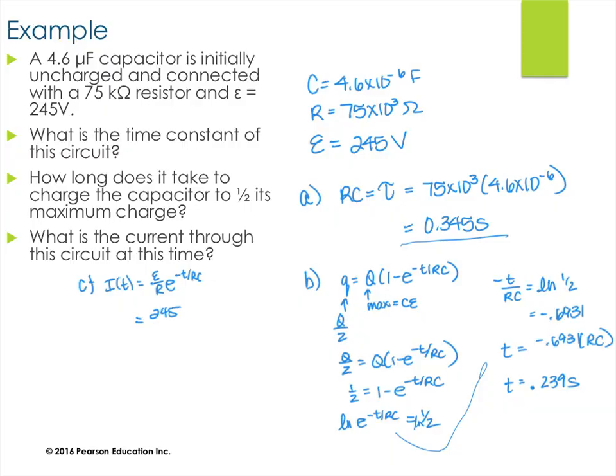EMF is 245, resistance is 75 times 10 to the third, e to the minus 0.239 divided by 0.345. When I solved that, I got a current of 0.0016 amps.